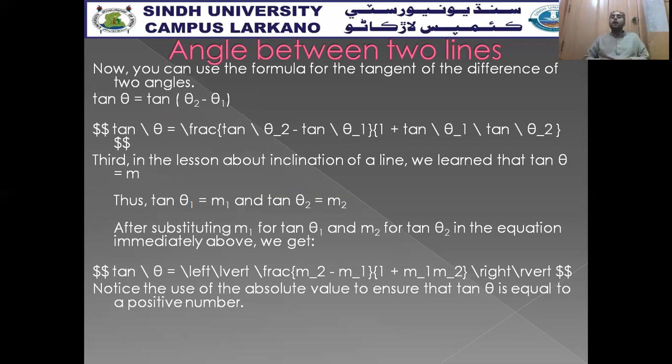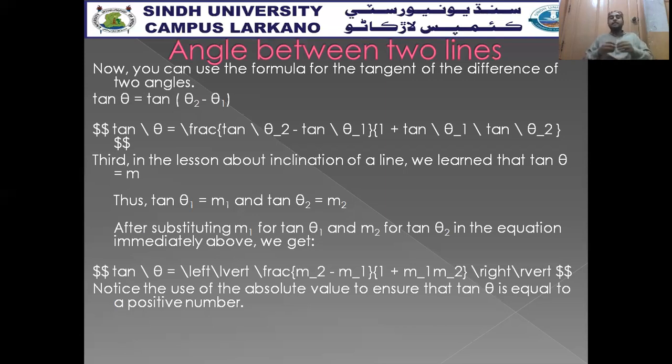You can use the formula of tangent of the difference of the two angles. tan θ is equal to tan(θ₂ minus θ₁) over 1 plus tan θ₁ into tan θ₂. It's a formula.